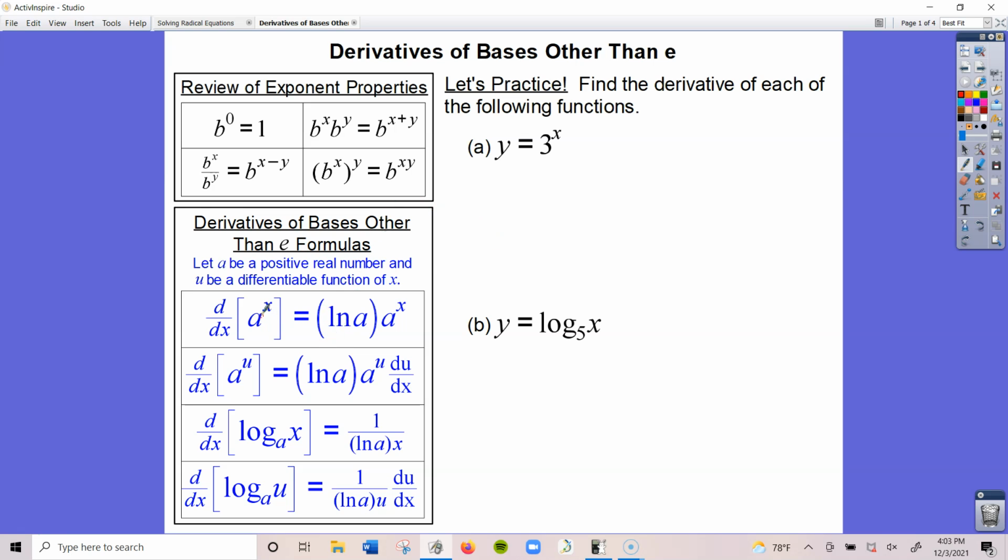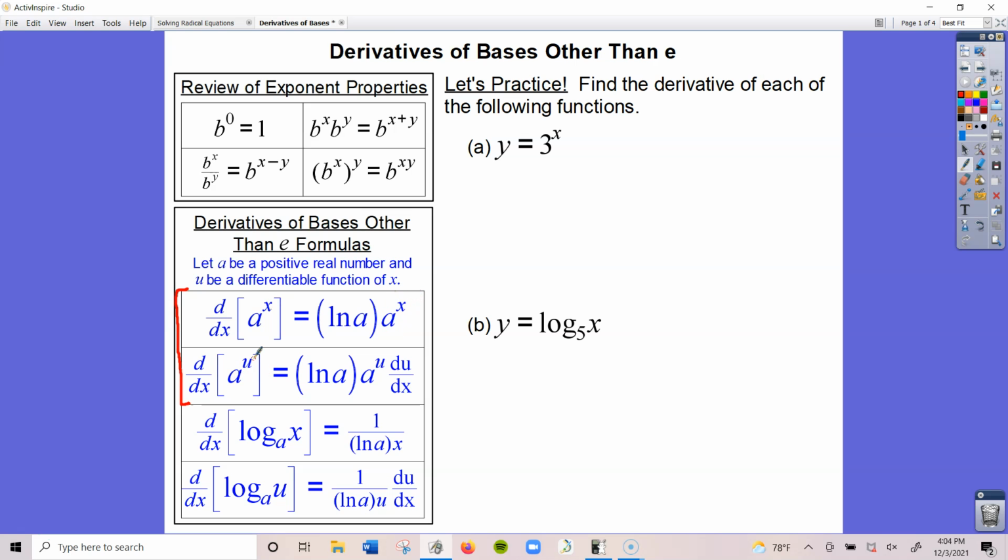If you are finding the derivative of any exponential function, you're going to follow these rules. The first one is for a, some base, raised to the exponent of x. In this case, the exponent is simply your variable, x. The derivative of that exponential would be the ln of the base times that exponential itself.